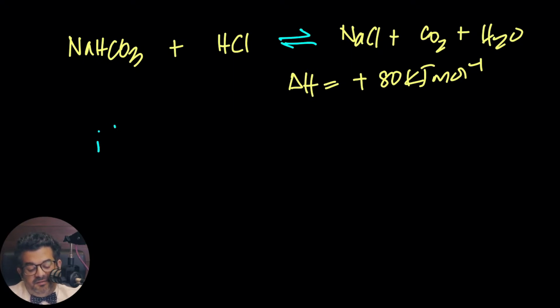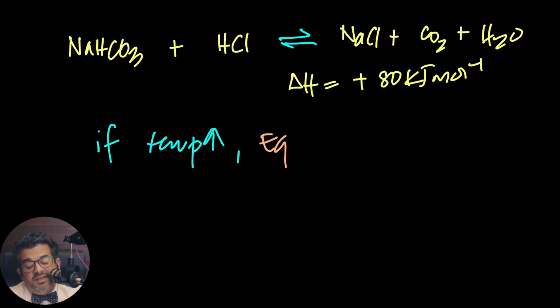Then, if temperature is increased, we don't care about bond breaking, bond forming. We care about the fact that the equilibrium which is already established wants to shift to decrease that change. So it'll want to make it cold. The only way it can make it cold is by going to the endothermic side. And in an equilibrium, there are two sides. If one direction is exo, the other is endo. So here, if this is positive, it means the forward is endo.